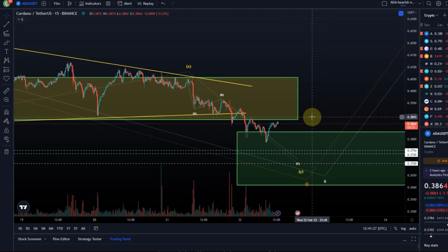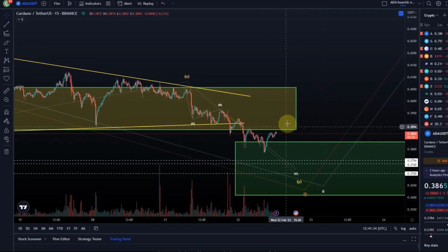On the flip side, if we break above the 38.9 cent level, it will probably indicate that we're already moving up. But an even better confirmation would be a break above the B wave. I'm just thinking. A, B, C. Now that's fine.